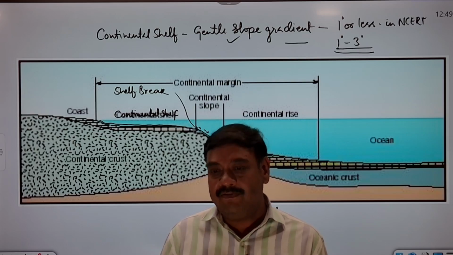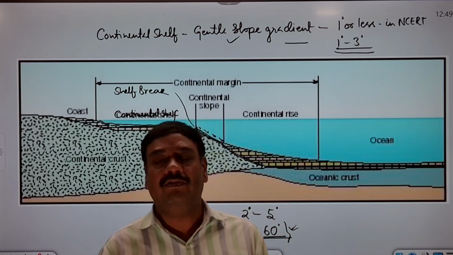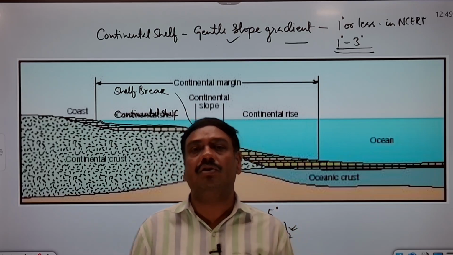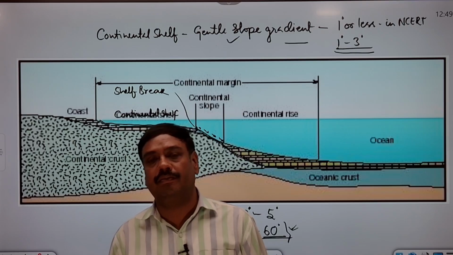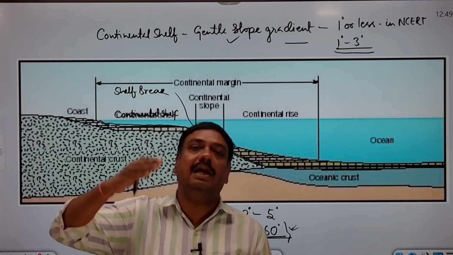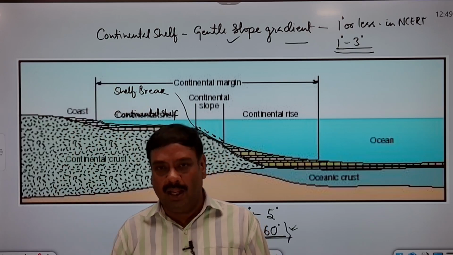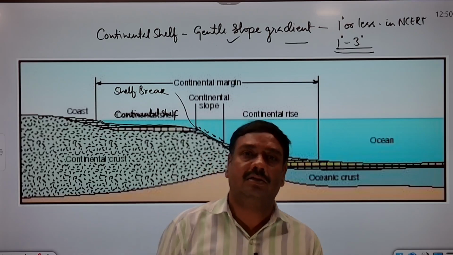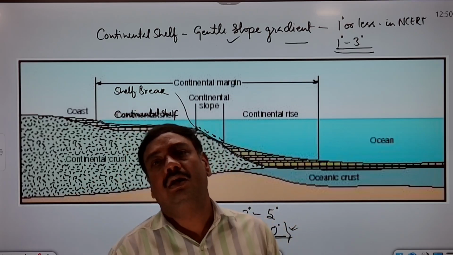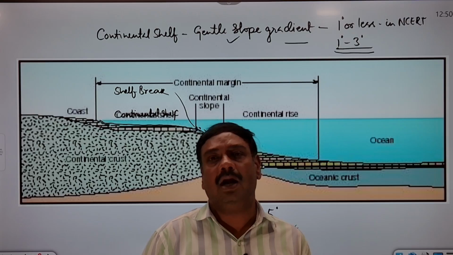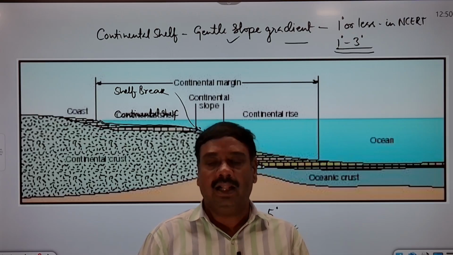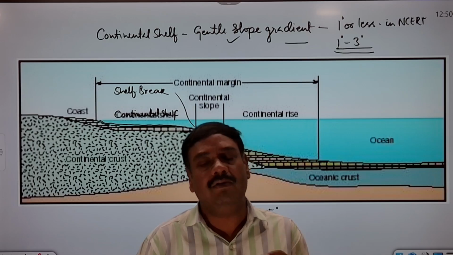The deciding factor is that if along the marginal region of the continents there are some highlands, some mountains, or a mountain range, there you can find that the width of the continental shelf is narrow.